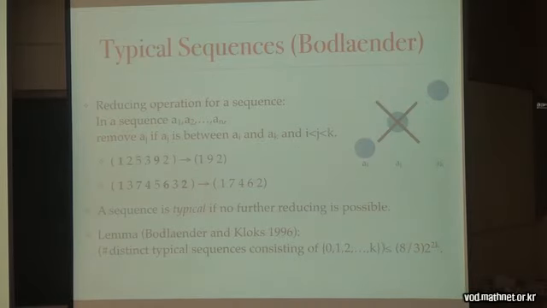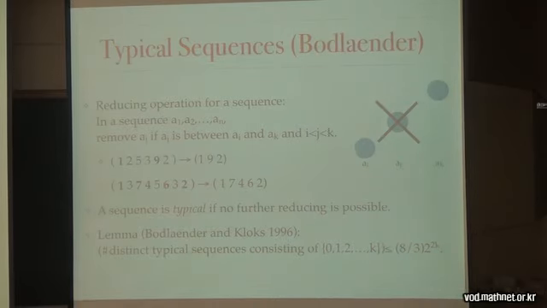Whenever you have a sequence like this, let's forget about this 3 because it's between 1 and 7. And similarly, whenever you have 7 and 2, maybe my reduction was wrong. I have to reduce more. 7 and 2, so 4 and 6 are between 7 and 2, so I have to remove 4 and 6 as well.